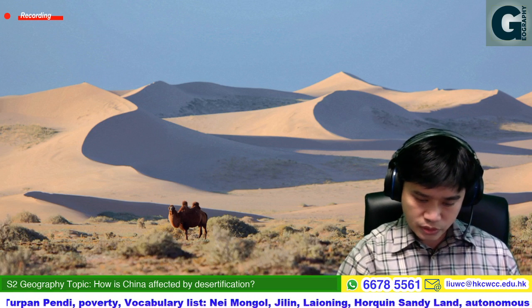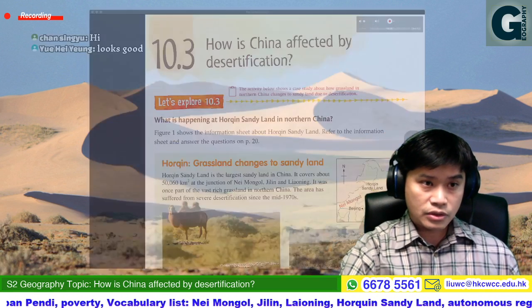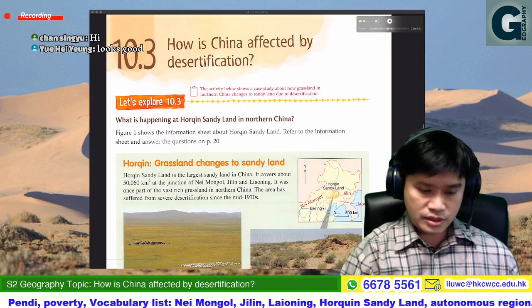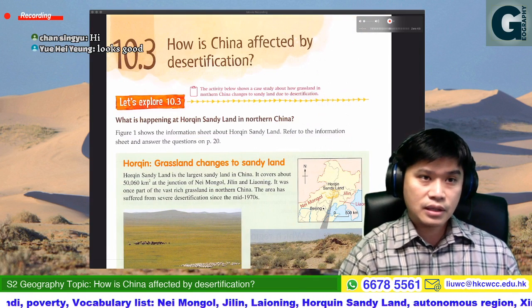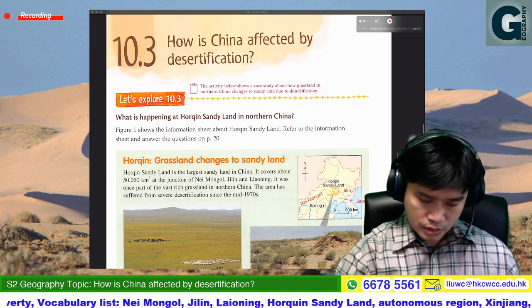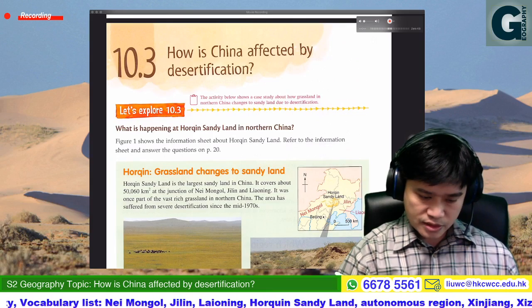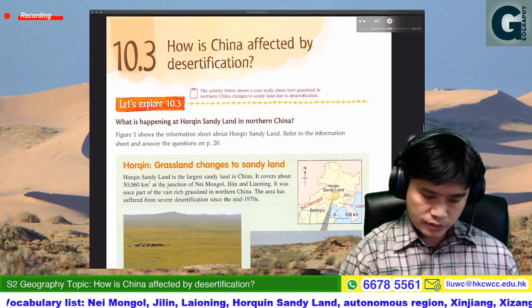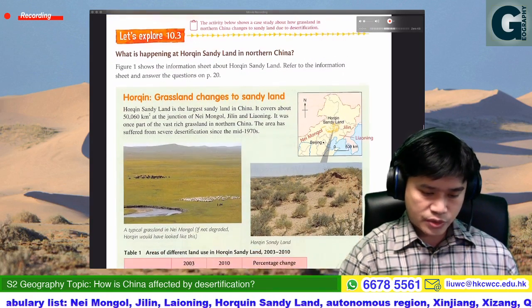Right now, if you have your textbook, you may refer to Unit 10.3. How is China affected by desertification? For the first exercise, let's explore 10.3.